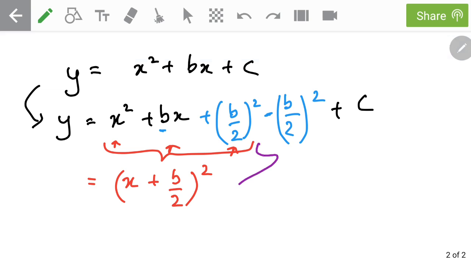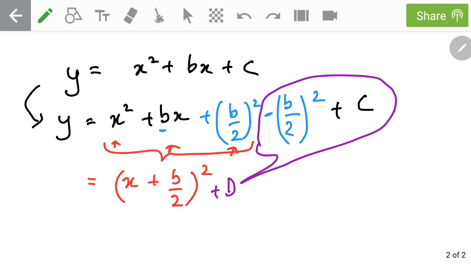I'll leave it in purple, plus maybe a d. So in the graph, your x over here will become the x coordinate, and the d over here will become the y coordinate.